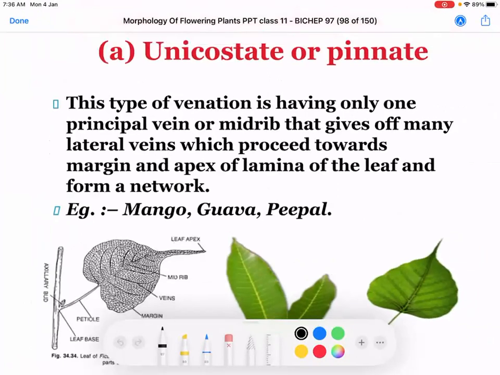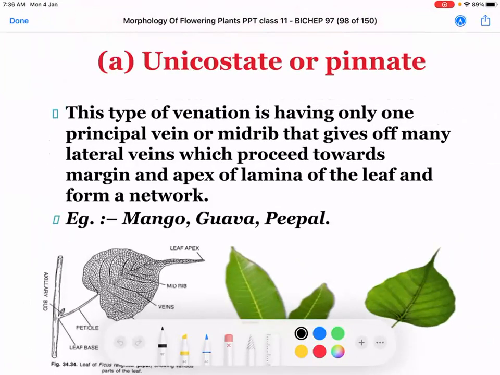Okay. Now comes unicostate or pinnate. Now, in reticulate unicostate, they have only one principal vein, which gives off many lateral veins which go toward the margin or apex of the lamina of the leaf.